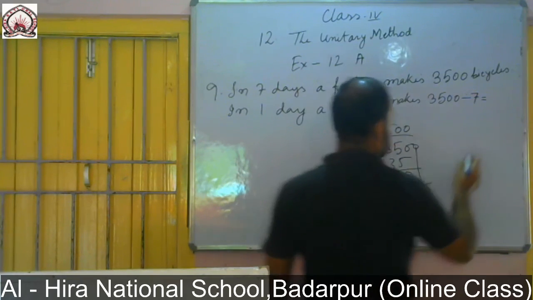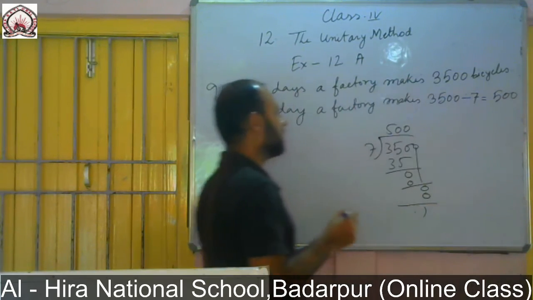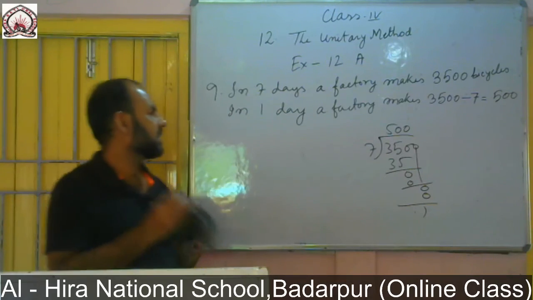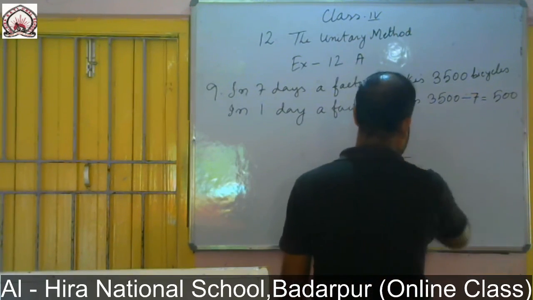So answer is 500. So in one day, a factory makes 500 bicycles.